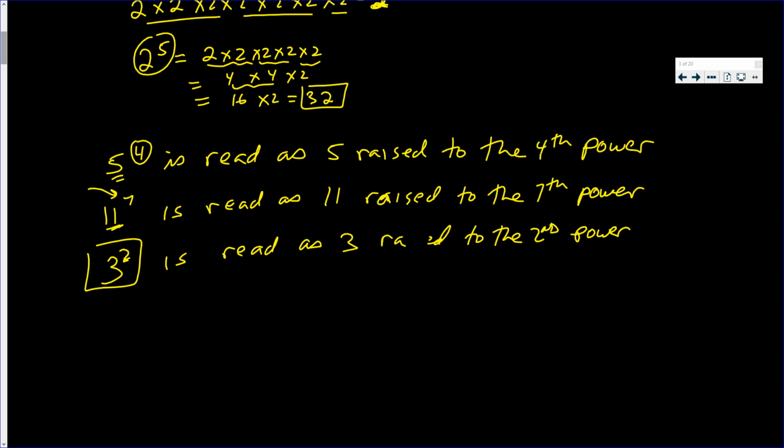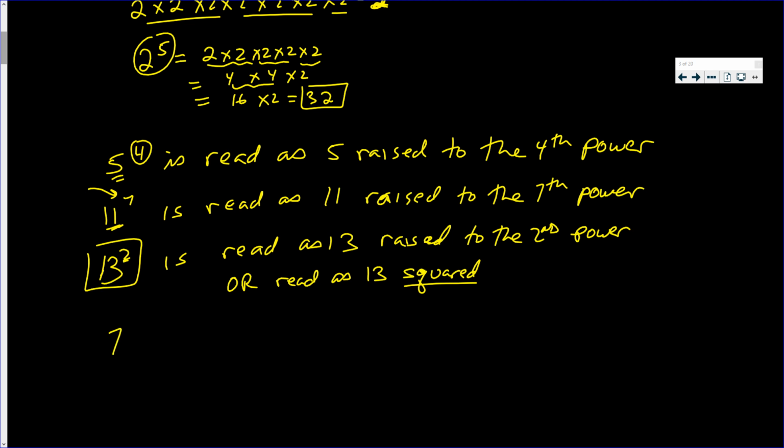Now, when the power is 2, there's a special name. It's read as 3 squared. If the power is 2, you read it as 3 squared. If it was 13, you would read it as 13 squared.